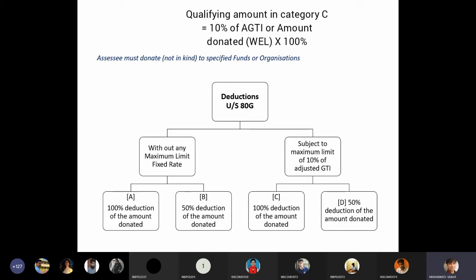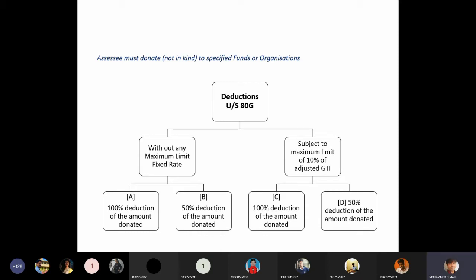And after comparing the amount of C and 10% of adjusted GTI, whichever is less will be considered. Same thing with category D also. We compare this with adjusted GTI and take whichever is less. So these are the 4 categories of 80G deductions: A, B, C, and D.